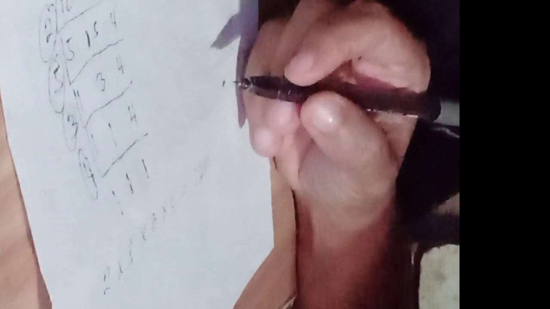Here are the common divisors: we multiply 2 times 5 times 3 times 4. 2 times 5 equals 10, times 3 is 30, 30 times 4 equals 120. So the LCM of 10, 15, and 8 is 120.